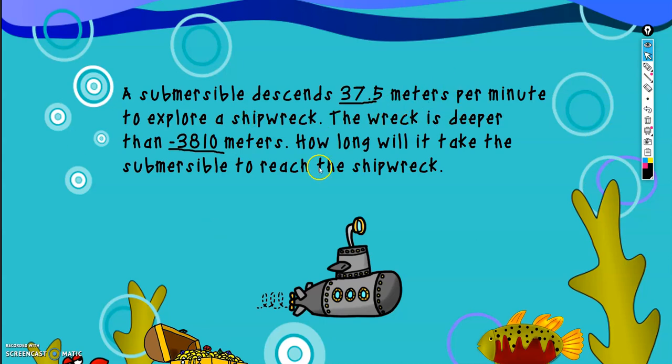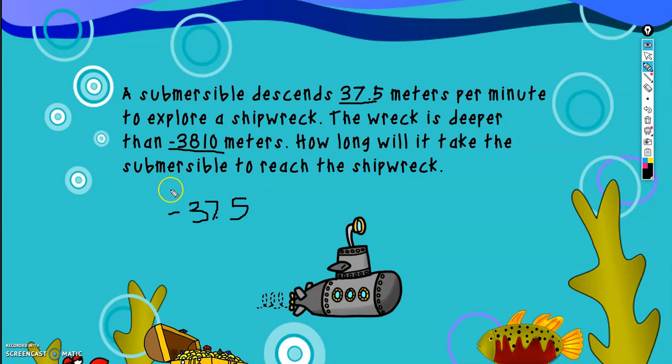So when I'm looking at this, what do I not know? How long it's going to take the submersible to reach the shipwreck. I'm going to go ahead and start writing here just to get things down. 37.5. But there's one thing that I missed here. It's descending 37.5 of a meter per minute, so I'm going down negative 37.5 per minute.